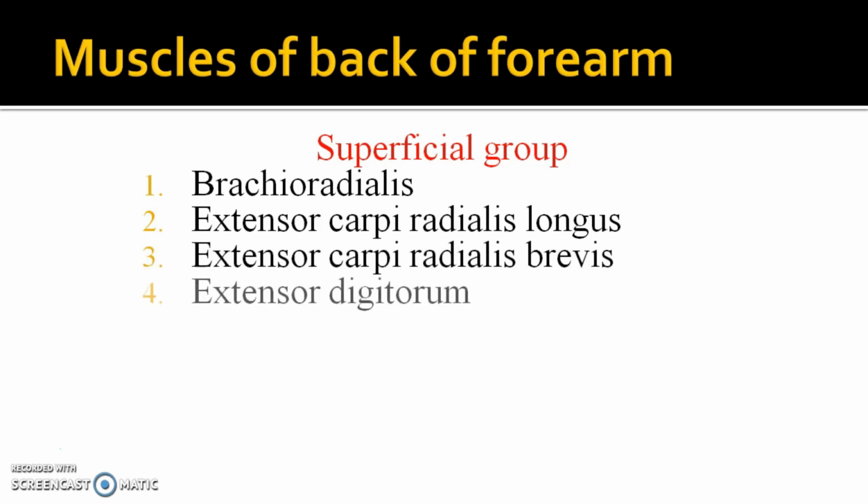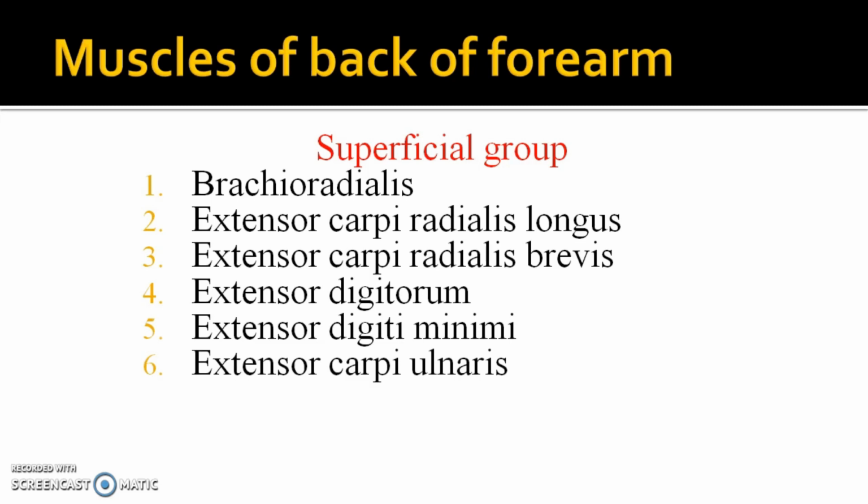Then we have extensor digitorum along with extensor digiti minimi, and also extensor carpi ulnaris. These muscles are arranged from the lateral to the medial aspect. Near the elbow joint posteriorly we have another muscle called anconeus. Altogether these are the 7 muscles that form the superficial layer in the posterior compartment of the forearm.